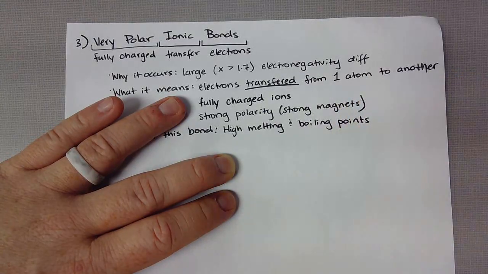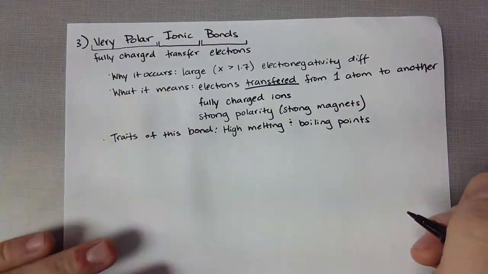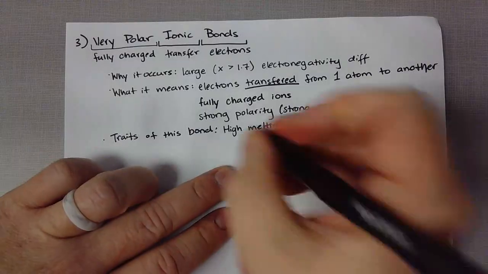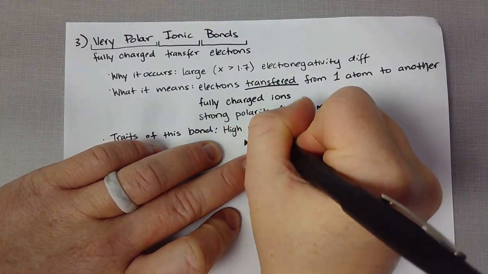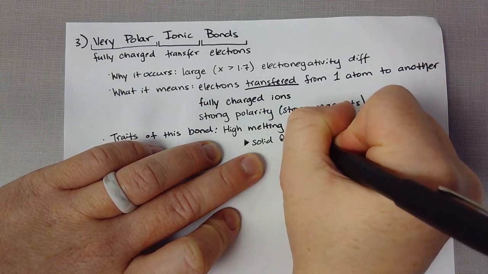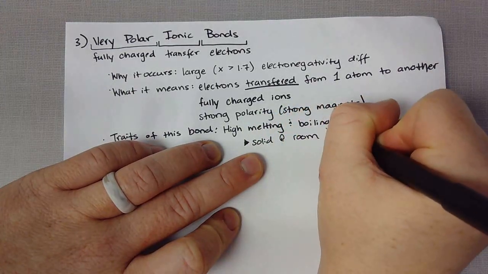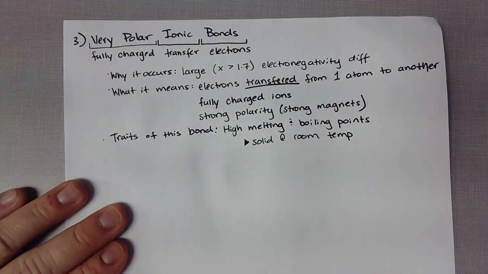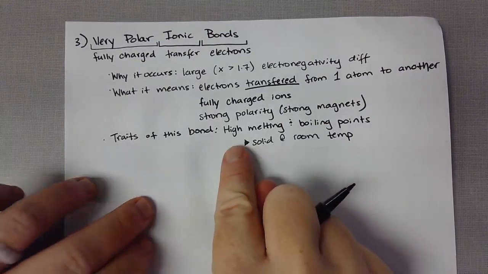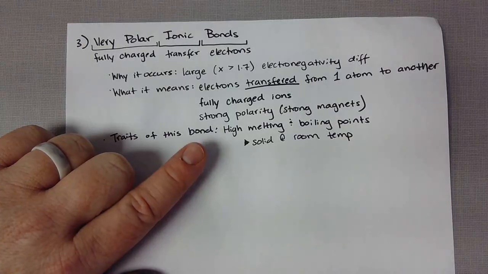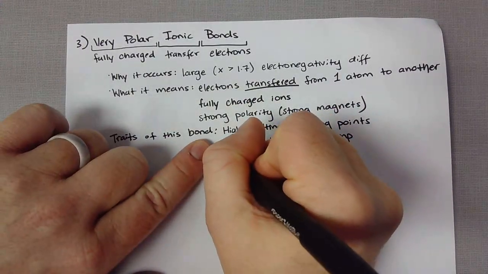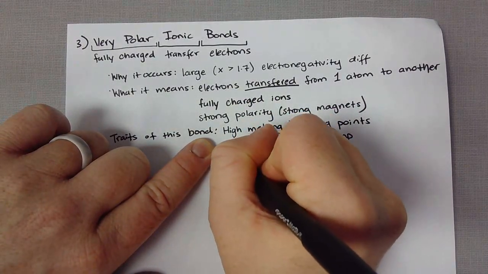So these substances, because their melting and boiling points are so high, are almost going to be exclusively solid at room temperature. Because those magnetic forces are so strong, they're going to be very difficult or resistant to phase change.